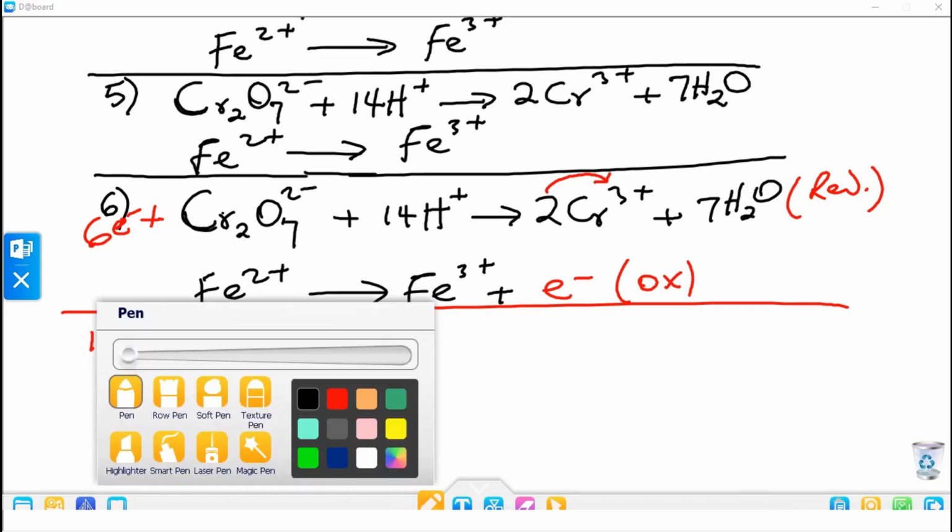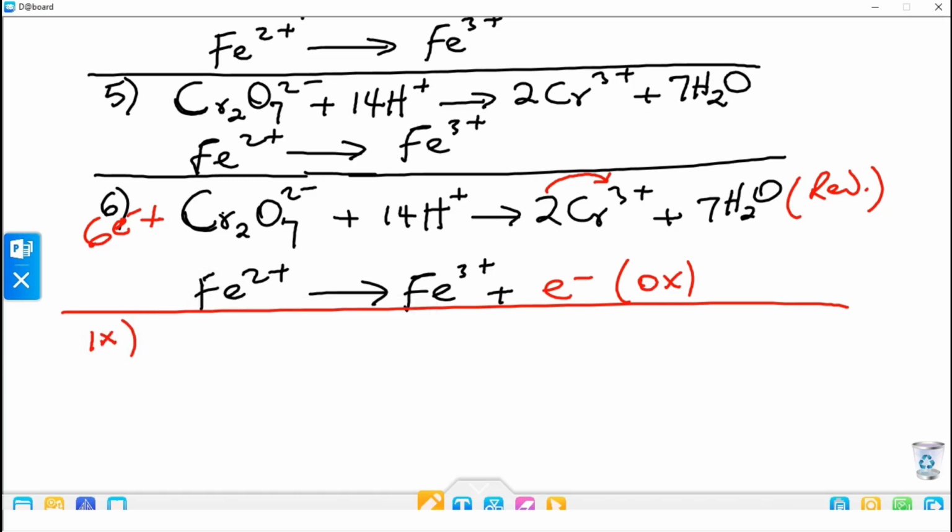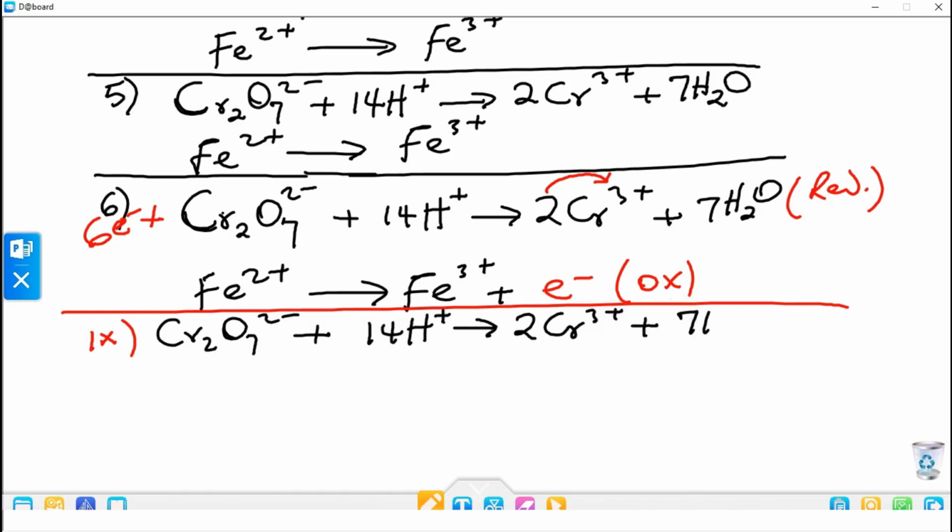For the reduction half cell, we are trying to equate the charges now. We have Cr2O7 2 minus, plus 14H plus, and that gives us 2Cr3 plus and 7 water.